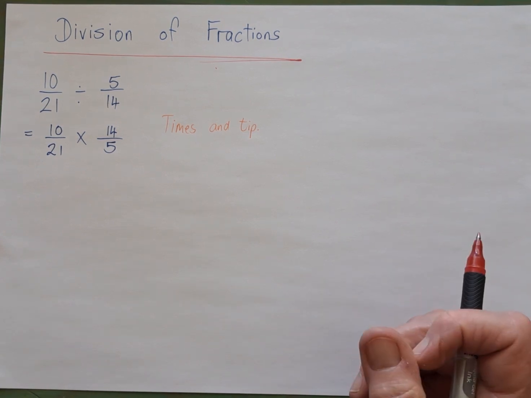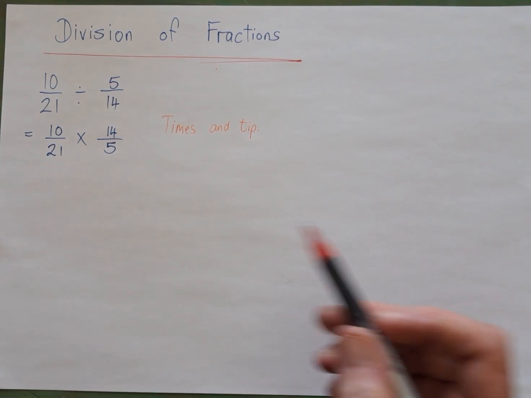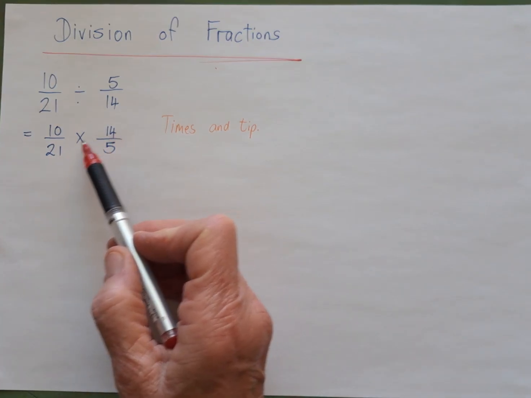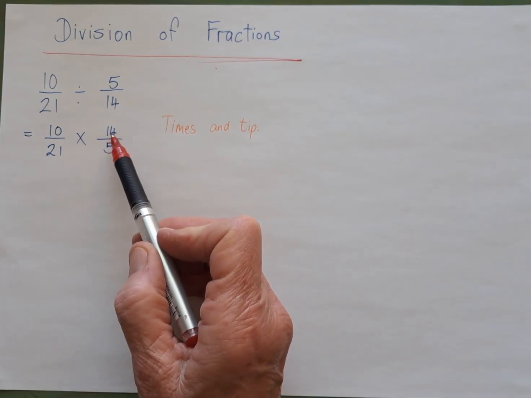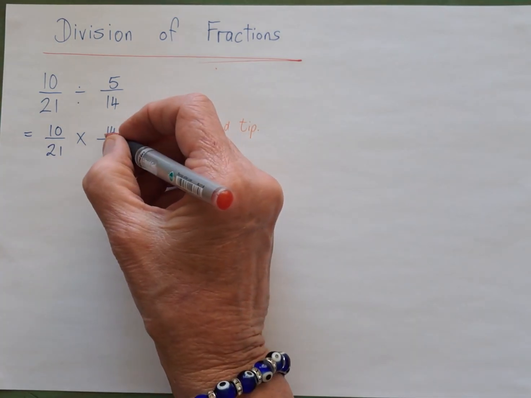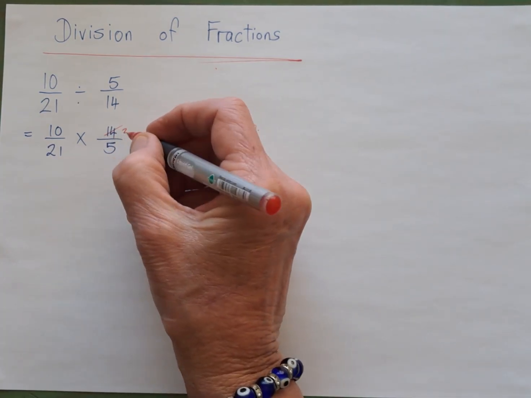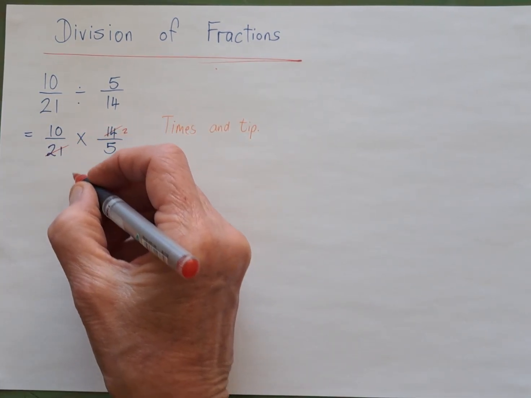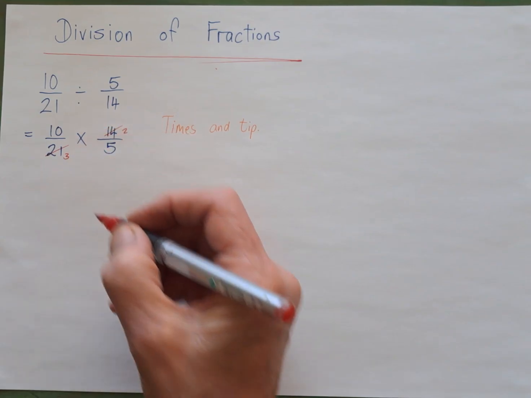So we're going to cross-cancel or cross-multiply. Looking diagonally here at a denominator and numerator, what will go into both of those numbers? 7. So 7 goes into 14 twice, and 7 goes into 21 3 times.